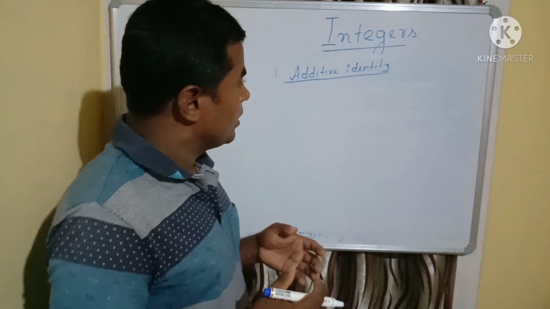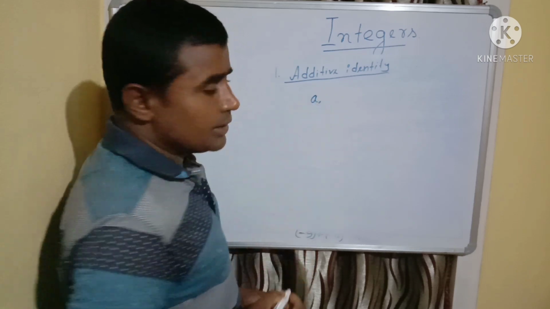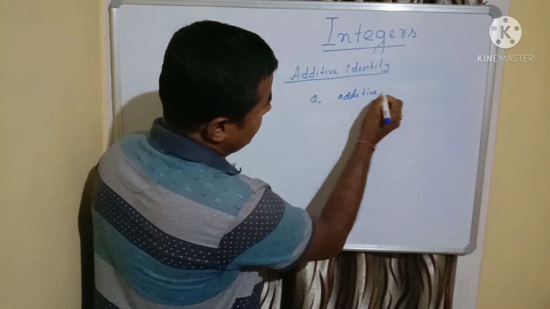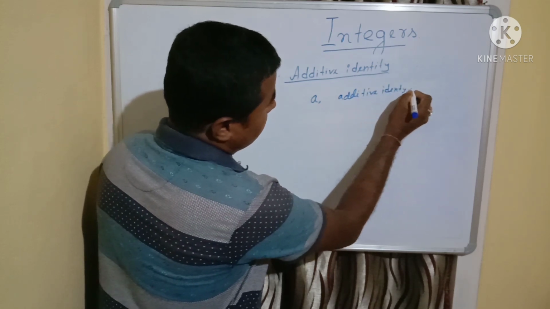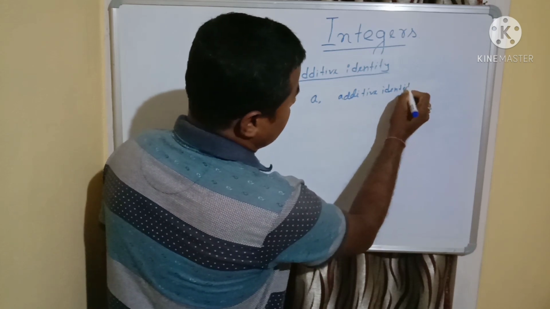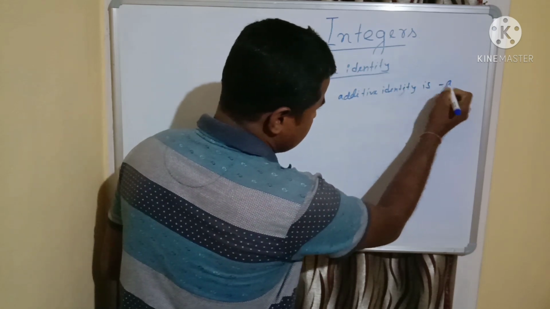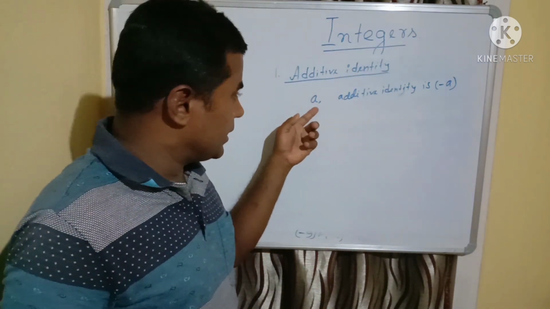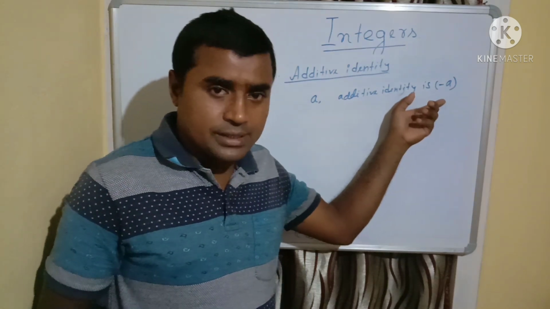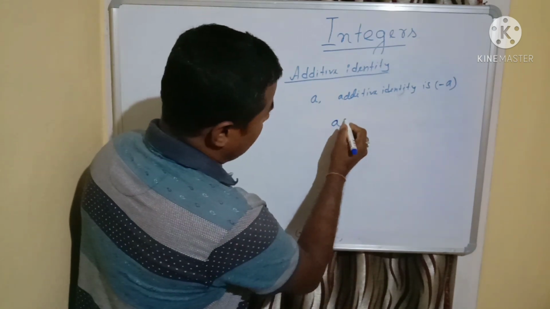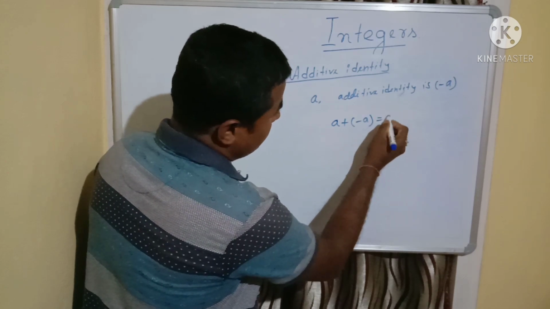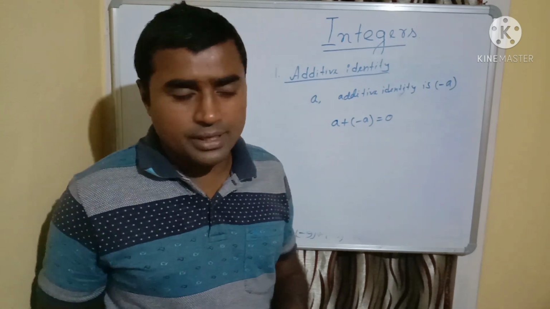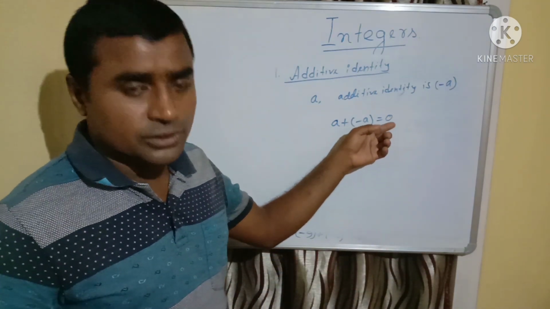That means if A is an integer, then its additive identity is minus A, because A plus minus A equal to 0. Whenever you add the integer and its additive identity, you always get 0.